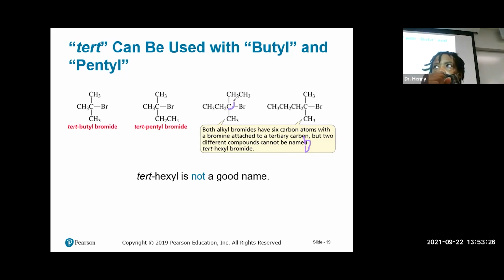Because all you're doing is making reference to that carbon being attached to hydrocarbon, hydrocarbon, hydrocarbon, and then another functional group, okay? So we have multiple ways that we could be drawing that tert.